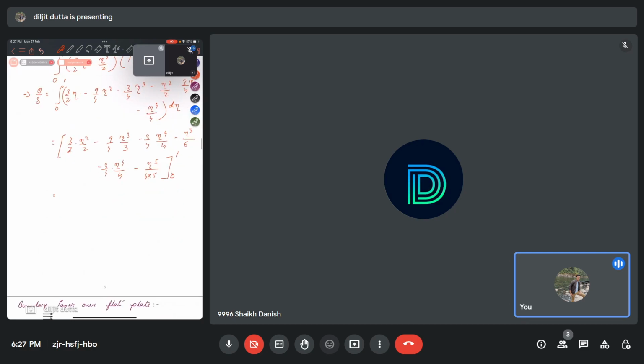So let us substitute the values, eta equal to 1. For eta equal to 0, all the terms will be 0. So we have to get only for eta equal to 1. So 3 by 16 minus 1 by 6.